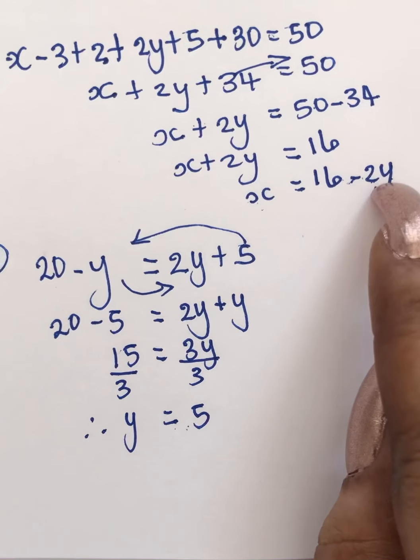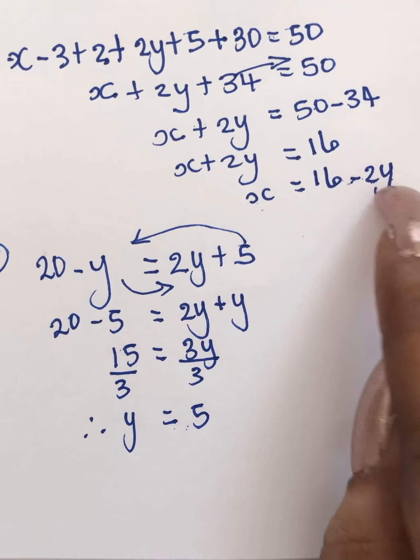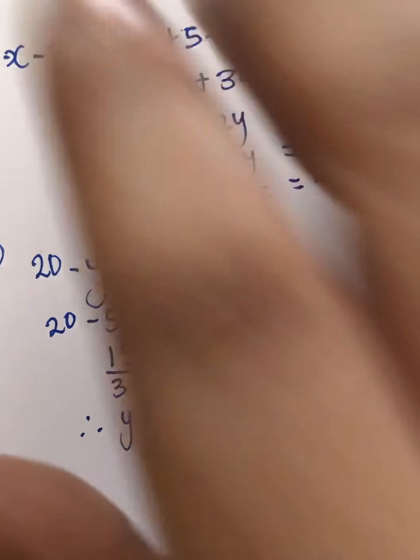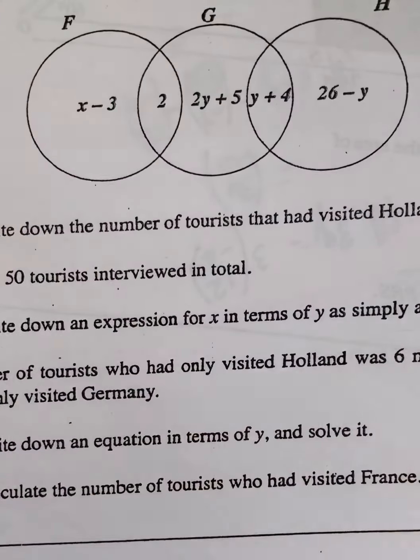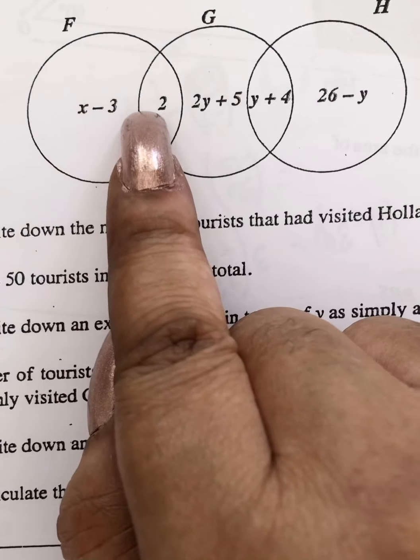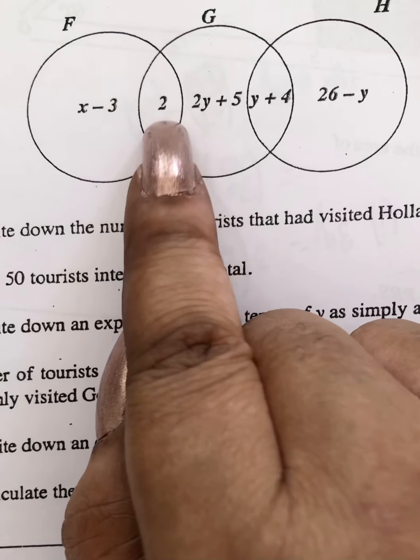So we can return to our part B. Now that we know what y is, we use that value for part B. And that was linked to part D, where they asked us to calculate the number of tourists who visited France. This is France. France has 2 parts, here and here.